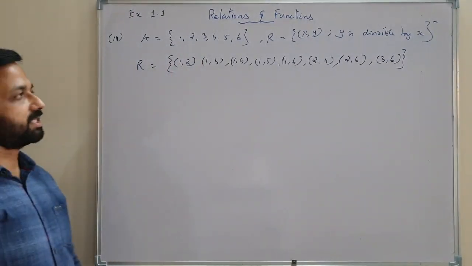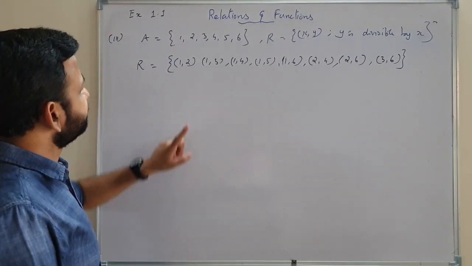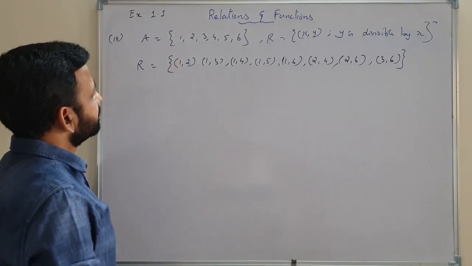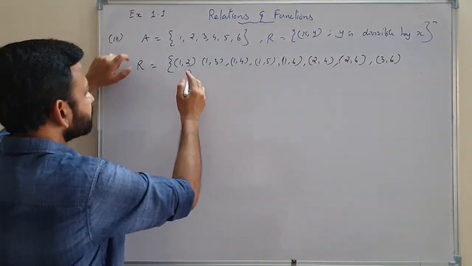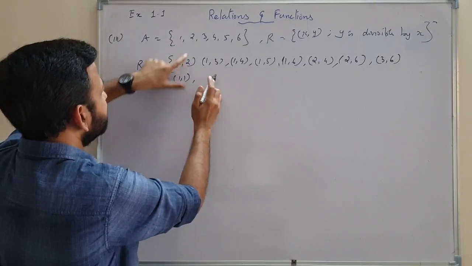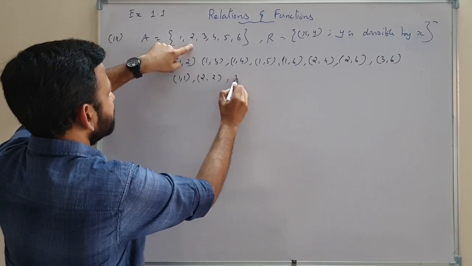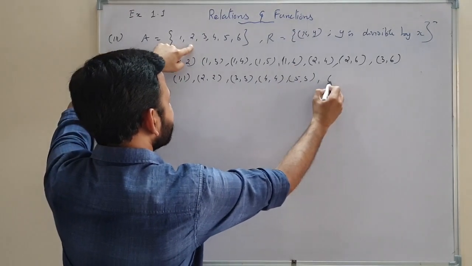Now we have to check whether it is reflexive, symmetric, transitive. Here we have another set of elements: (1, 1), because 1 is divisible by 1. Then (2, 2), (3, 3), (4, 4), (5, 5) and (6, 6).